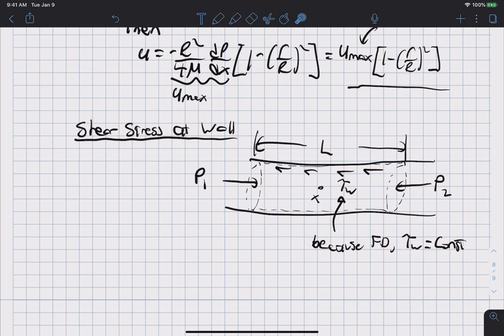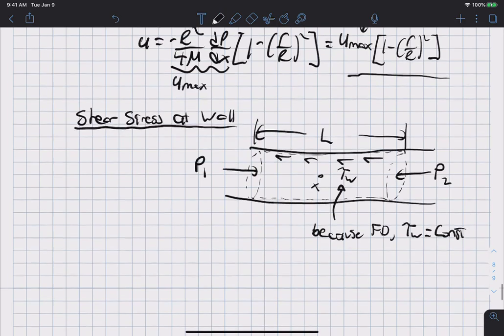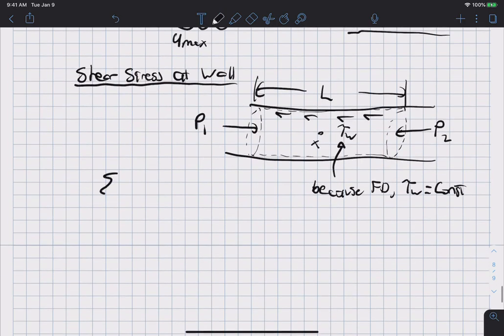Okay, and so now I'm just going to do a free body diagram, so we know that the sum of the forces is equal to 0. This means that P1 times the area, or pi d squared over 4, minus, oops, wrong one, minus the P2 times pi d squared over 4, minus the shear stress, which opposes the flow.